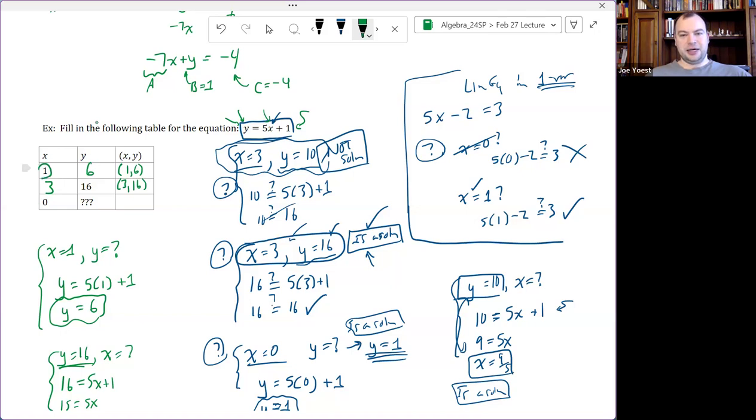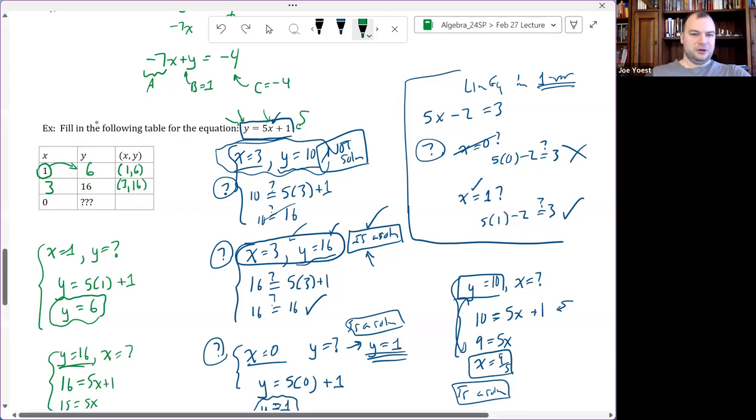I can pick, say, x any way that I want, but once I pick x, that sets in stone what y is. Or maybe in a different context, I could pick y, but once I pick y, I've burned my 1 degree of freedom. Now x is determined. That's a little bit more abstract, but that's another way to think about this.